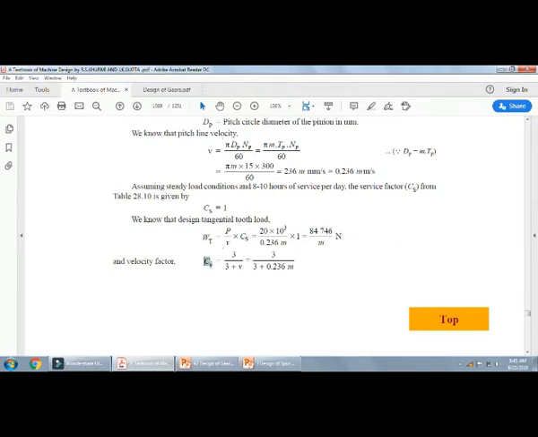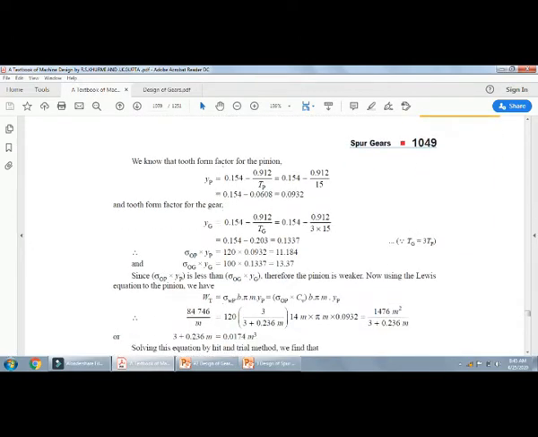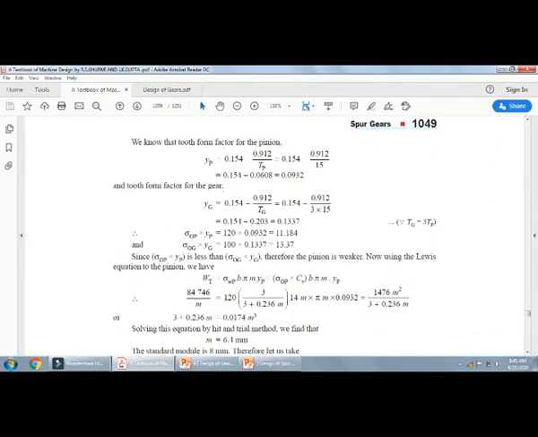Now, we will also calculate Cv. Because our pitch line velocity is in terms of module m, this will also be in terms of module. So, when we put the value of Wt, it is in terms of module. Meanwhile, sigma naught for pinion and sigma naught for gear, these two values are given.